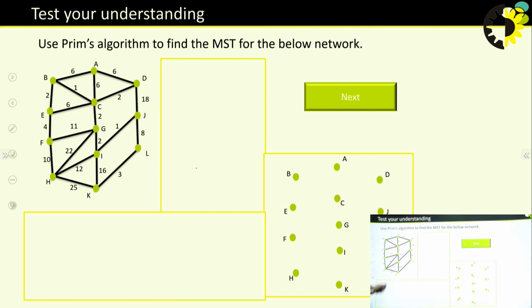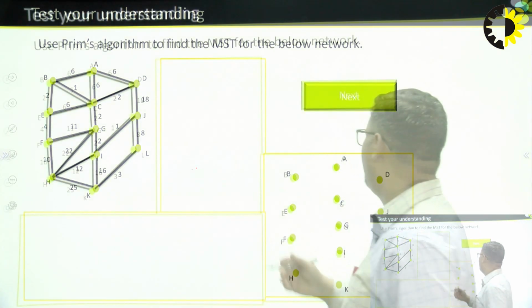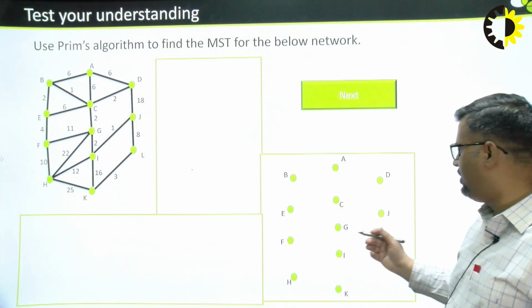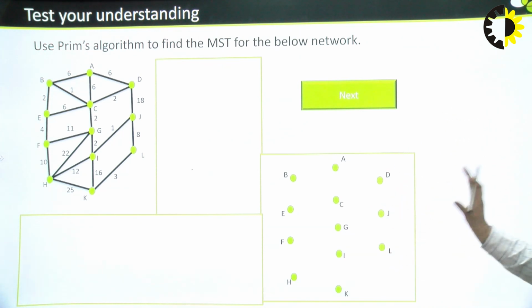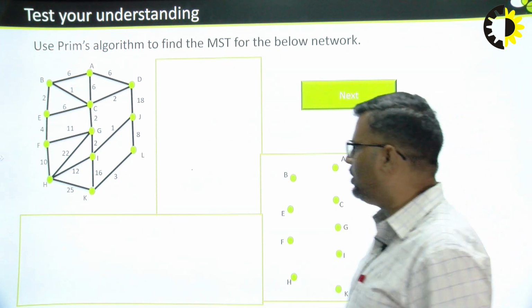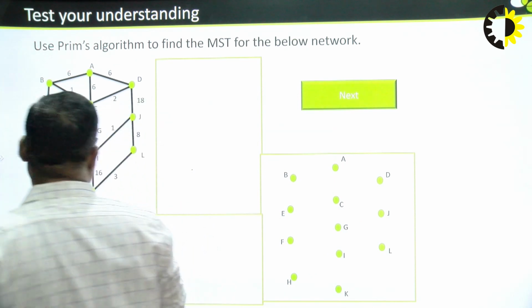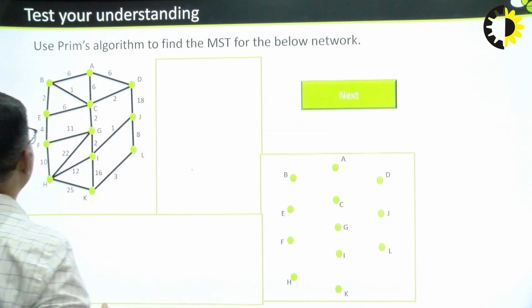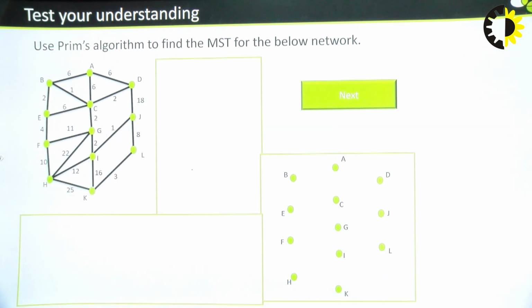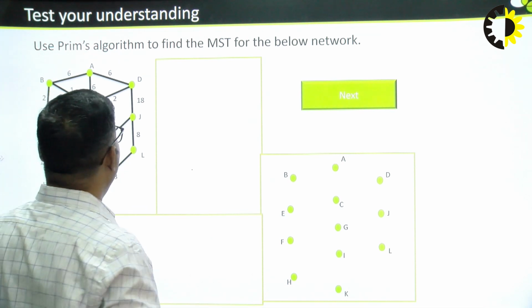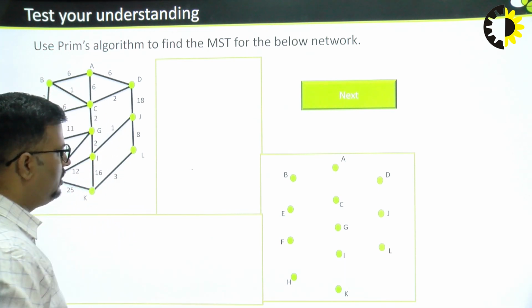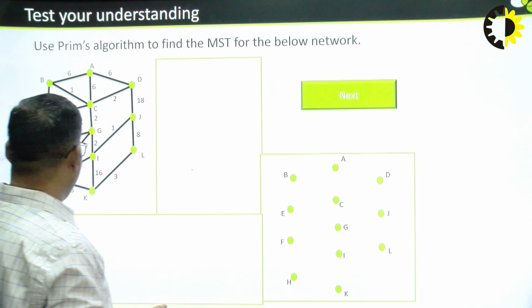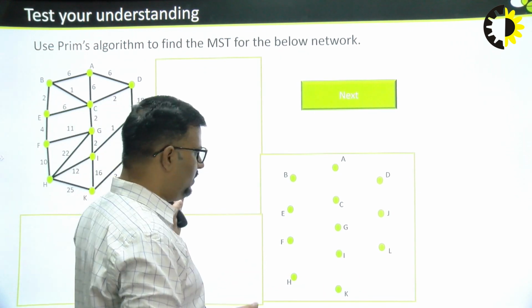Again, this is A, B, C, D, E, F, G, H. Different types of arcs are also available. Then again, we will start from BC. We will take the example through BC.